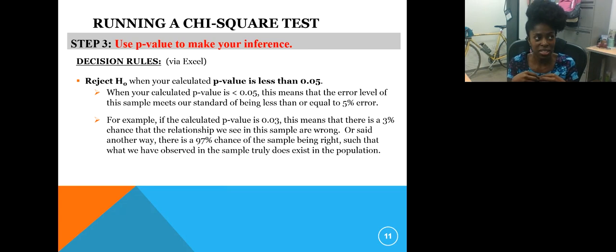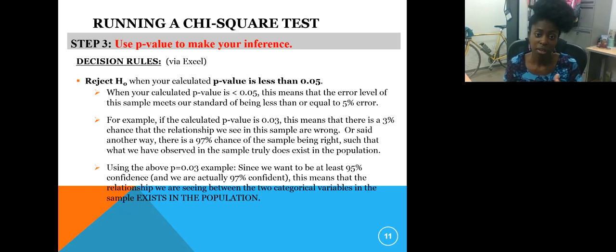We're saying this with 97% confidence, with 3% chance that we could be wrong, but 97% chance that we could be right. So using the above p equals 0.03 example, since we are at least 95% confident, actually 97% confident, we're happy about that.